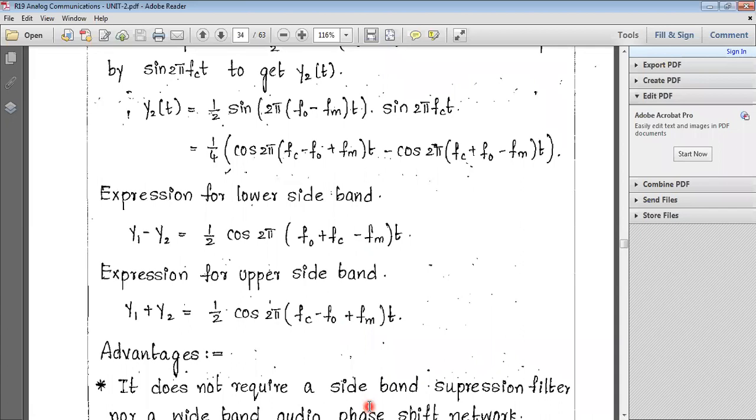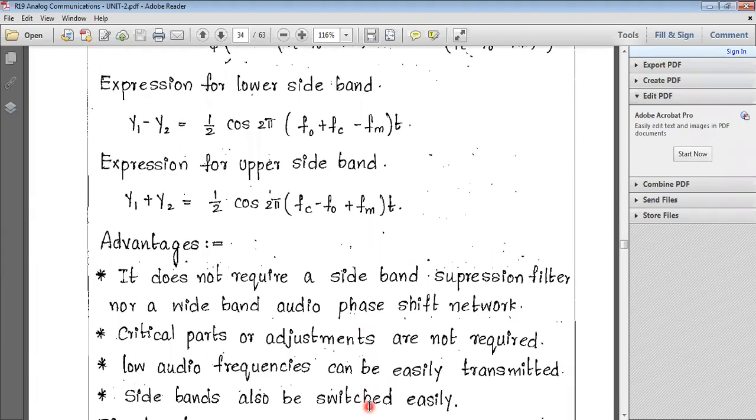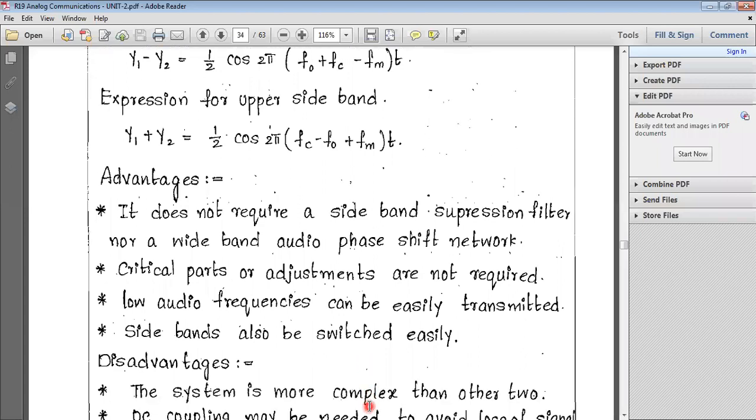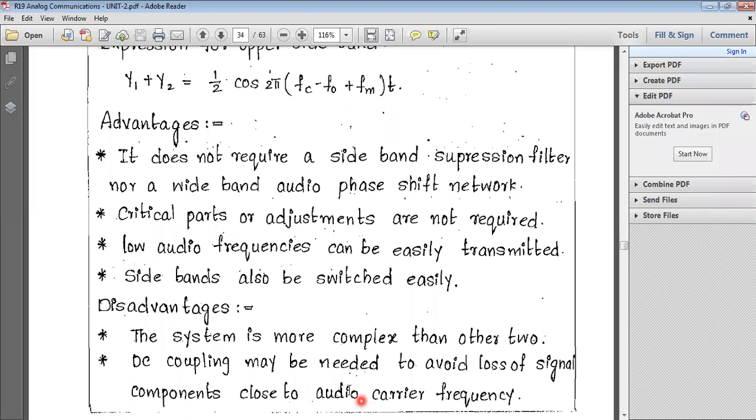Now, what is the main advantage of this circuit? There is no phase shift network. So that is the first advantage. It does not require a sideband suppression filter or wideband audio phase shift network.